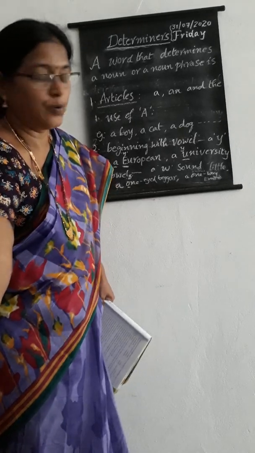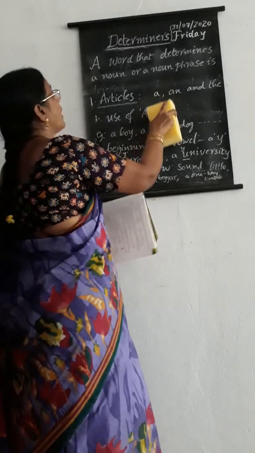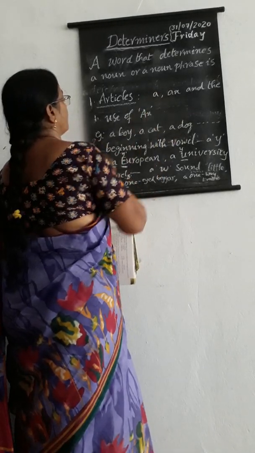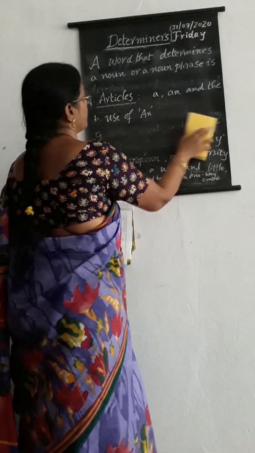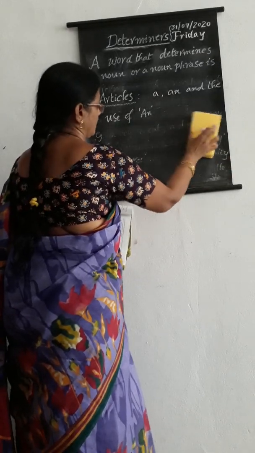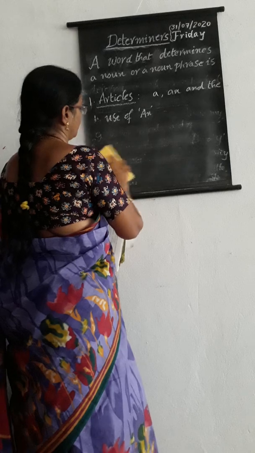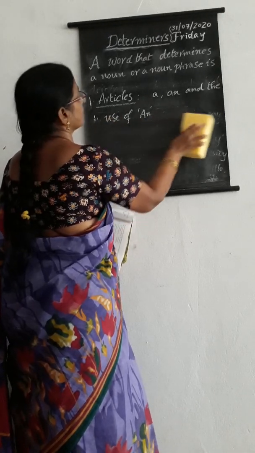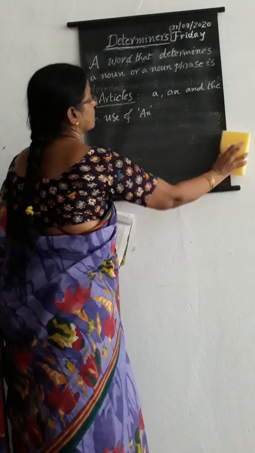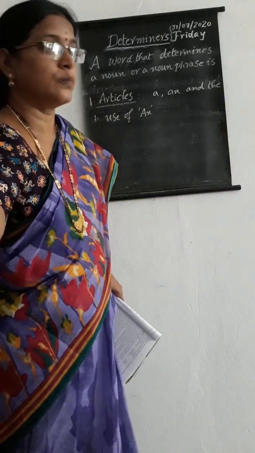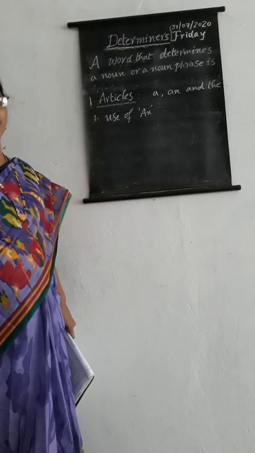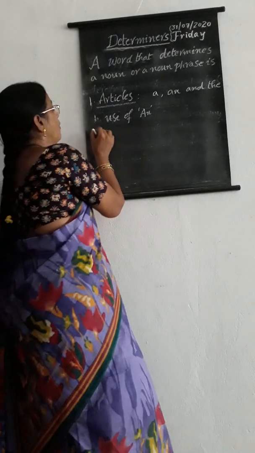Next we go to the use of an. The indefinite article an is used before vowels.